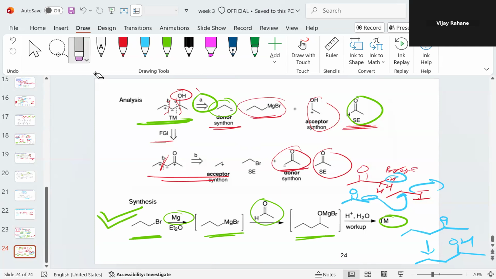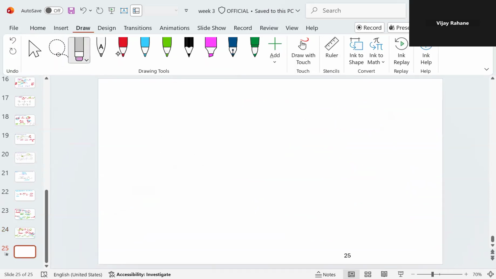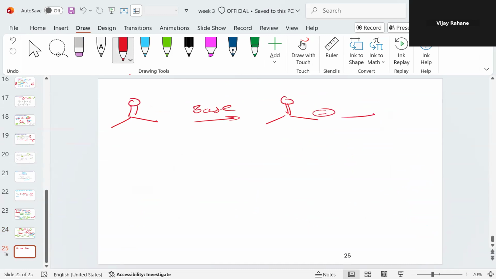Why? Because if you look at it, I will take it on a new slide. The route that I discussed was like this. We add the base. The base will form the anion at this position, neutral charge. And then if we add this iodide, this negatively charged carbon attacks this position, the iodide gets eliminated, and we get this product.